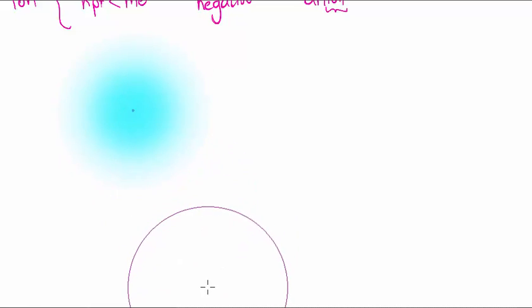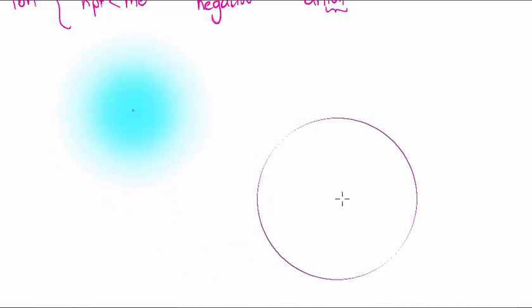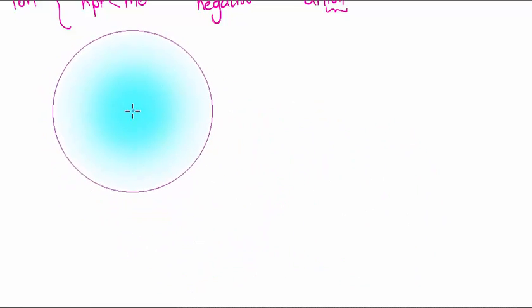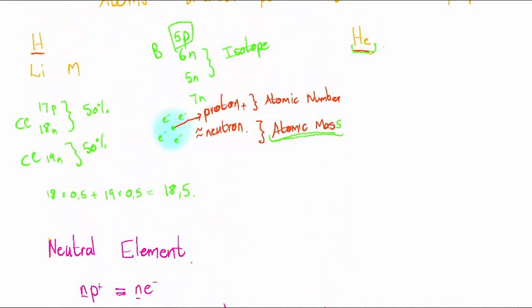So there's my electron cloud around the nucleus. Now your electrons start off as equal. We can assume it's equal to the protons, but be careful. The number of protons and the number of electrons will start off as equal.